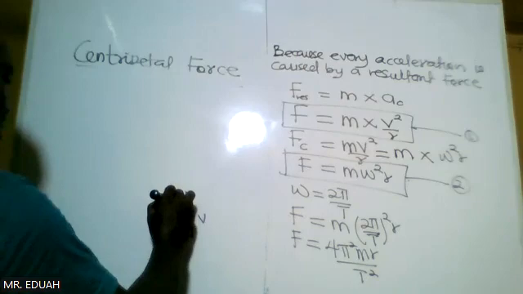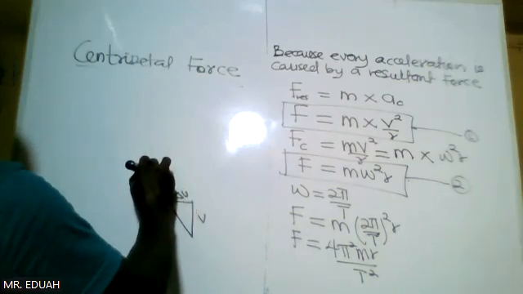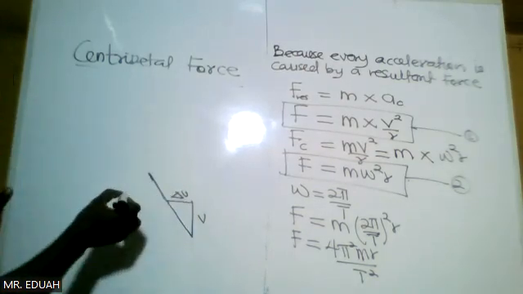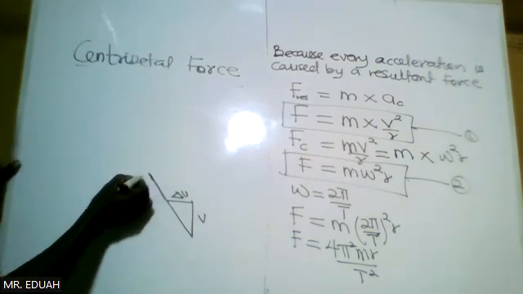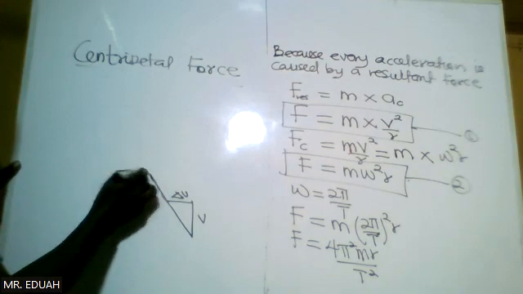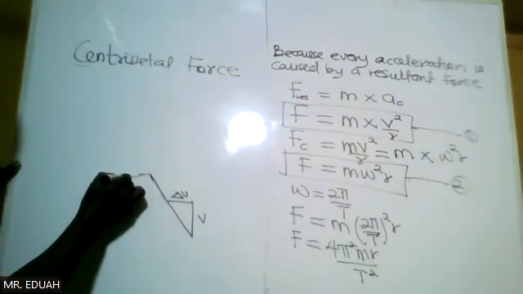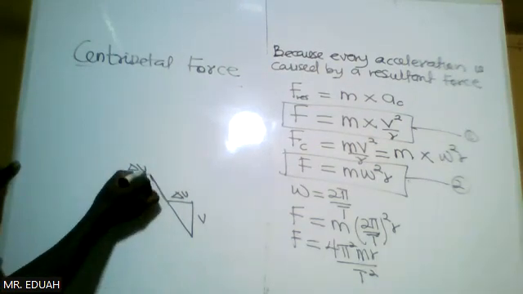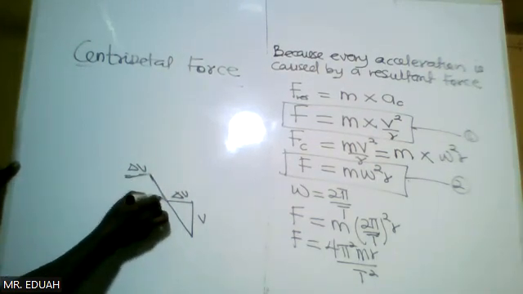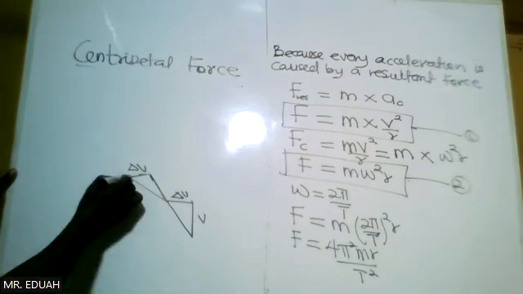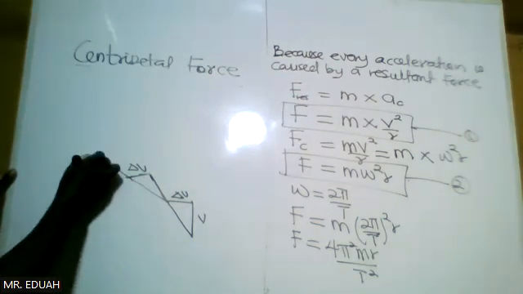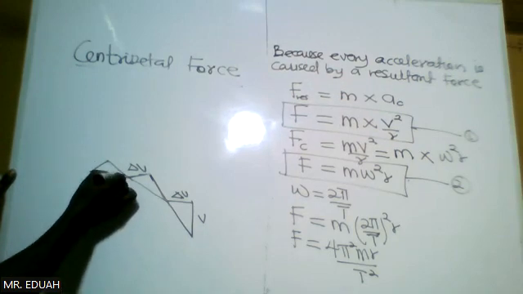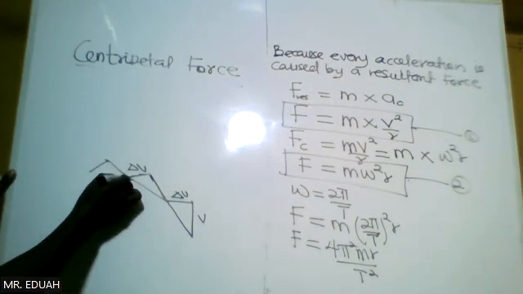The same body will want to go straight, but due to a change in velocity, its direction changes from going straight and then comes here.